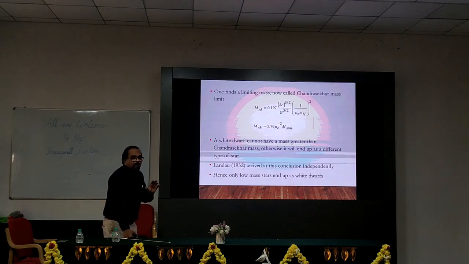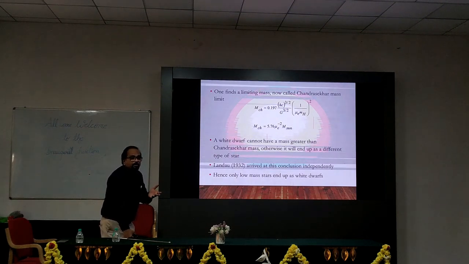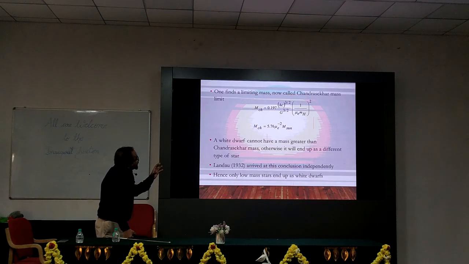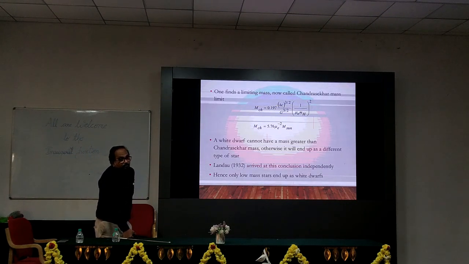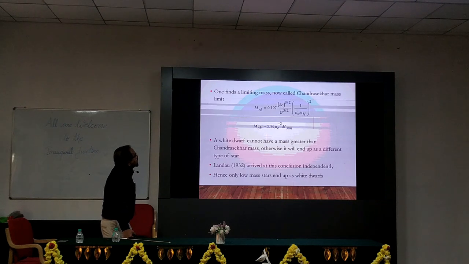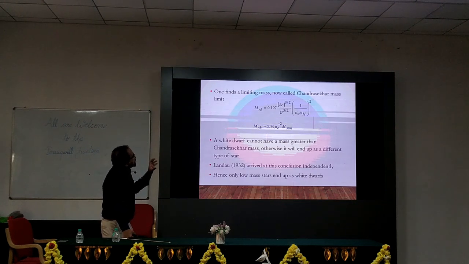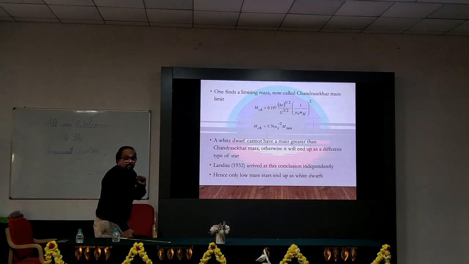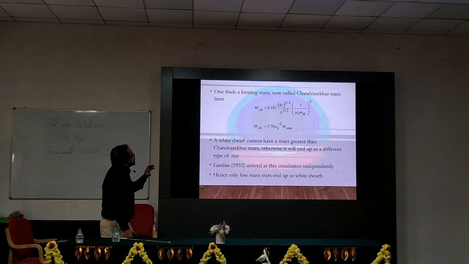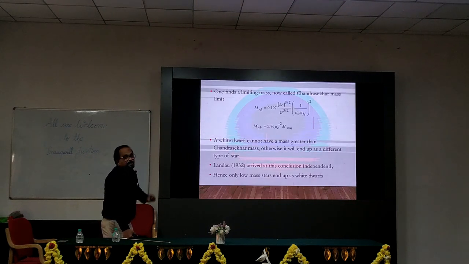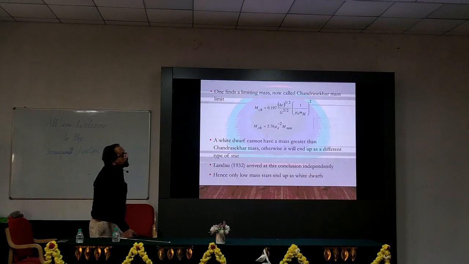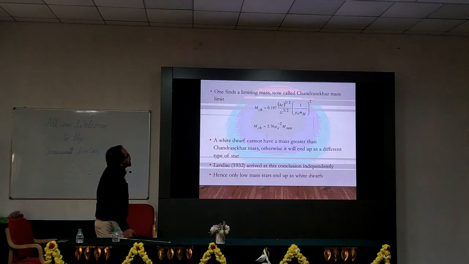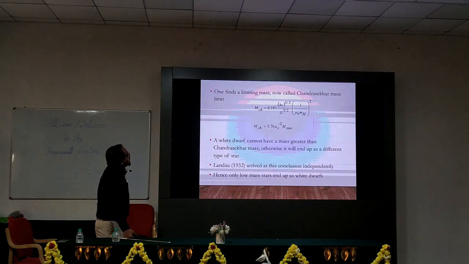Whenever you find a formula depending on h, it means a quantum effect is there. And c, a relativistic effect is there. So gravity, and fundamental constants like h, c, G and the mass of the proton are responsible for defining the Chandrasekhar mass limit. Therefore, it's very fundamental and has to be taken seriously.